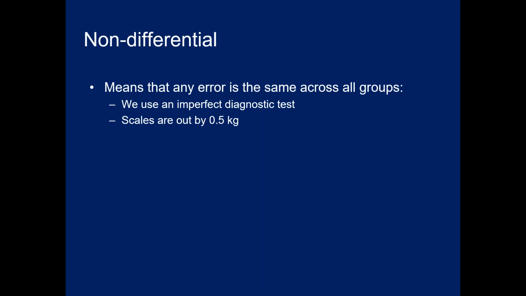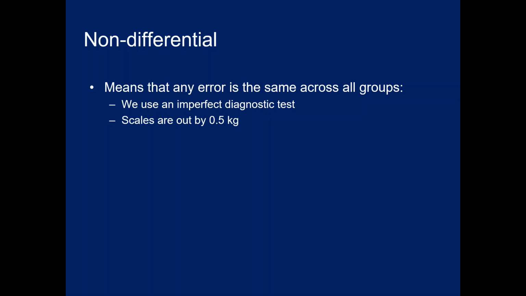So for example, if we were testing heifers and cows, so first parity and older, for leptospirosis, some will test positive and some will test negative because of an error in the diagnostic test. So we have imperfect diagnostic tests, and that's where error can come from. That error is going to be the same across all groups. That is, the sensitivity and specificity of the test doesn't change from heifers to older animals.